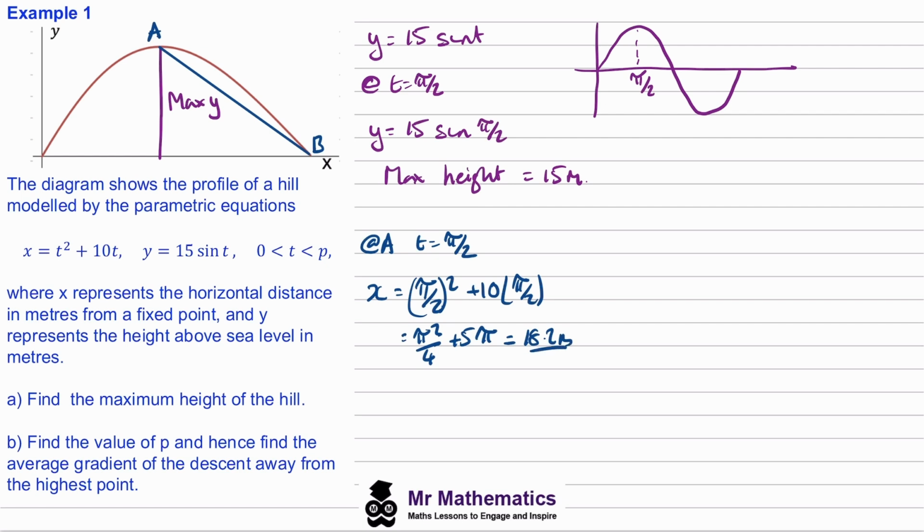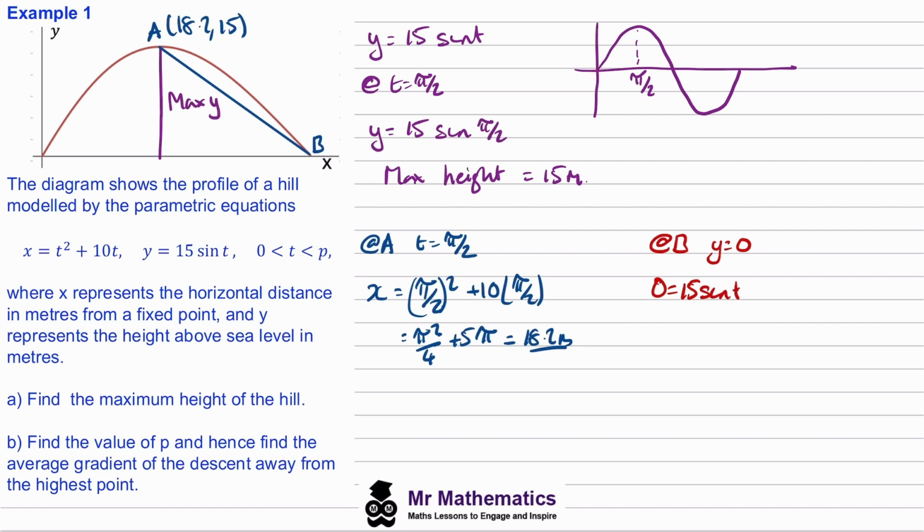Okay, I'll label this on a diagram. x is 18.2, and we know that y is 15. And we know at B that y equals 0. This is when we're at sea level. So we'll substitute 0 into here, and we'll work out that value of t. So 0 is 15 sine t.